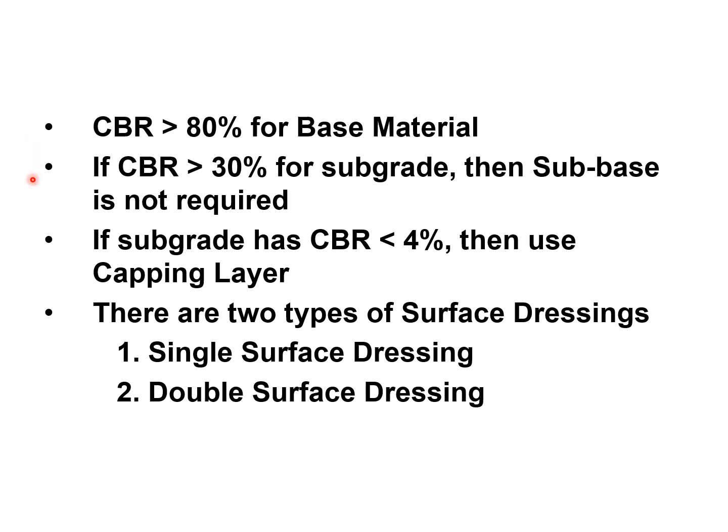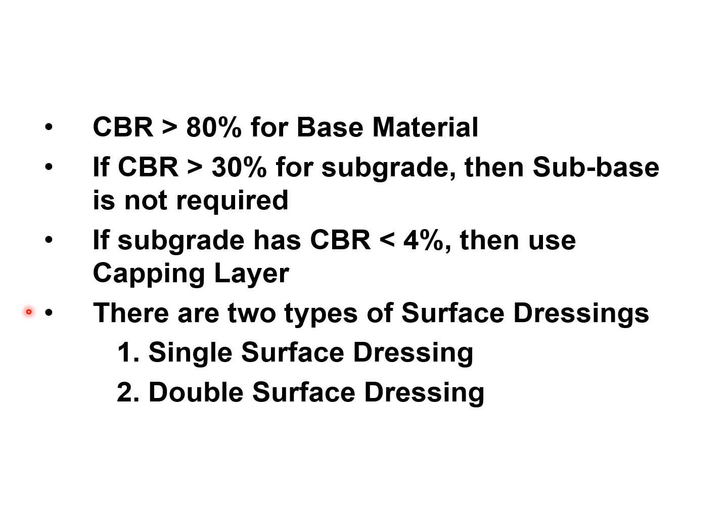If CBR is greater than 30% for subgrade, then subbase is not required as per Road Note 31. If subgrade has CBR less than 4%, then use a capping layer. It means the CBR is not of good quality, it's a poor subgrade. So in that case, we will have to provide a capping layer upon that weak subgrade.